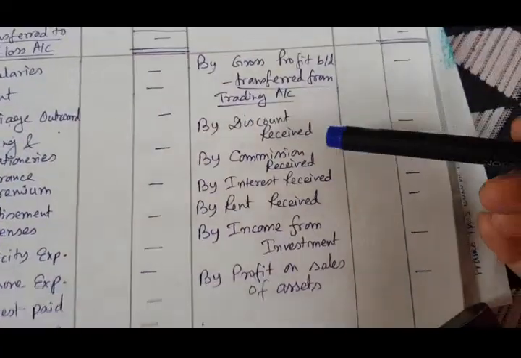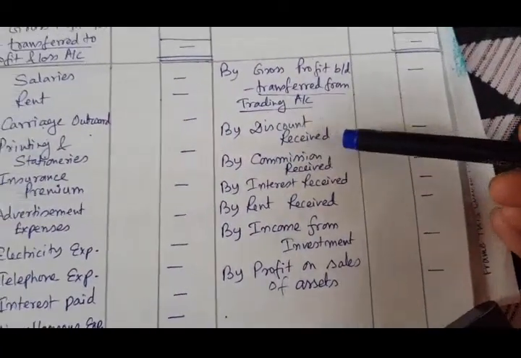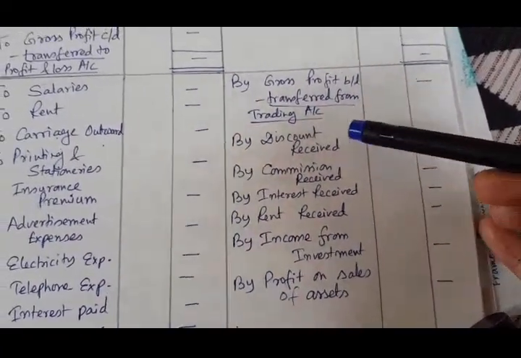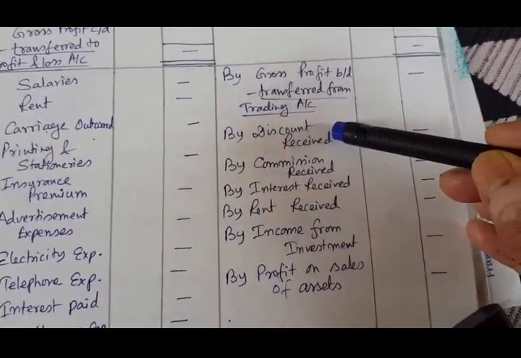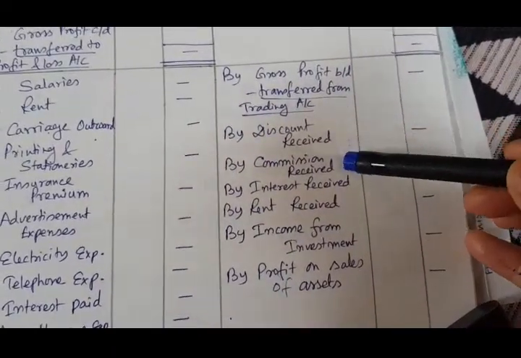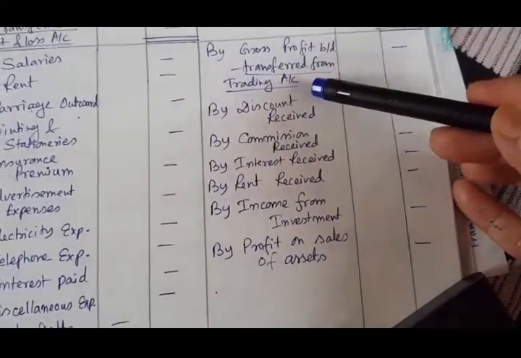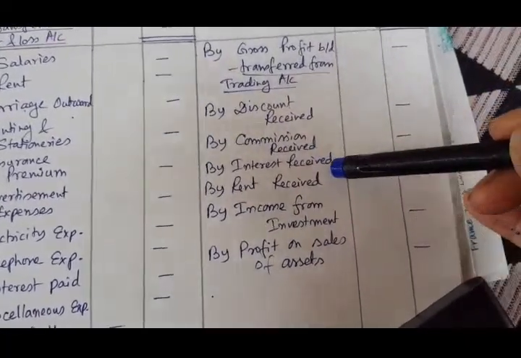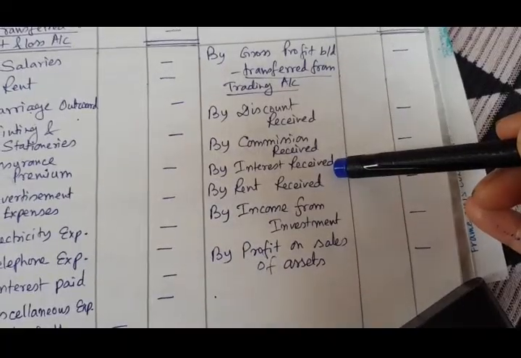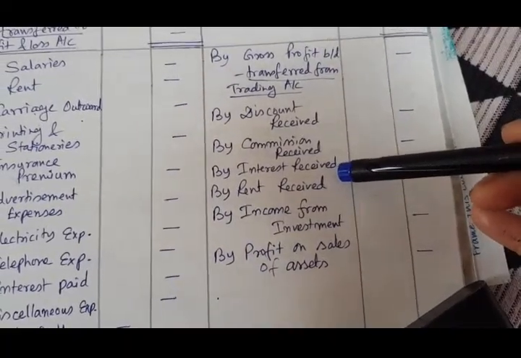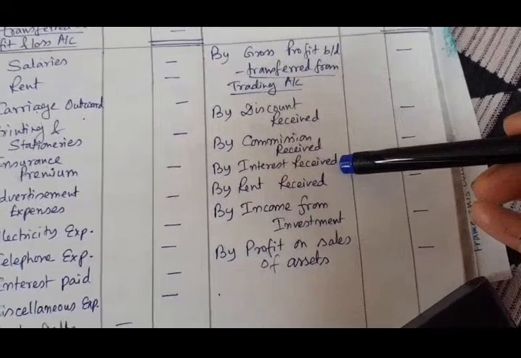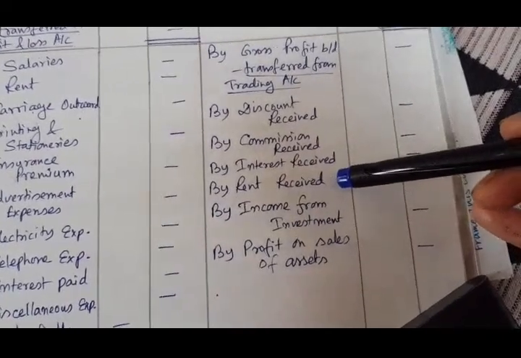Let us come to the indirect income, which is on this particular page. Indirect income, first, is any kind of received, like discount received, commission received, interest received. Suppose the company has a fixed deposit and is receiving interest from it, so this interest received will come here. Rent received will come here.